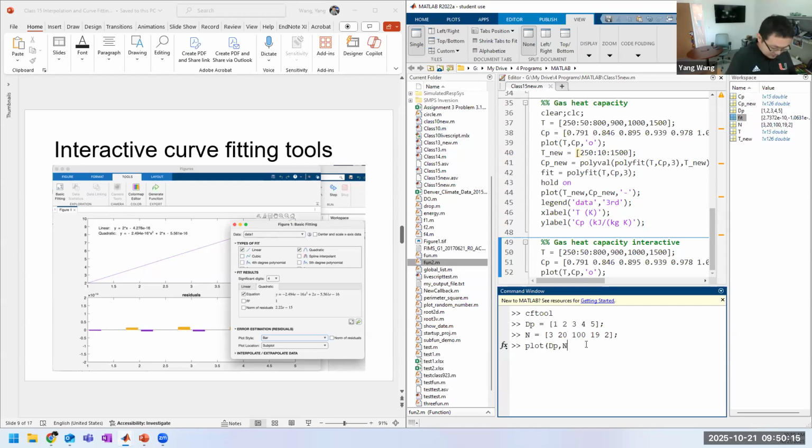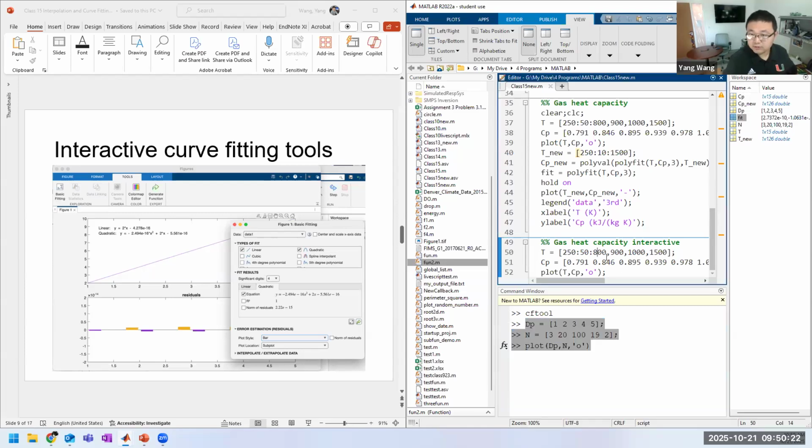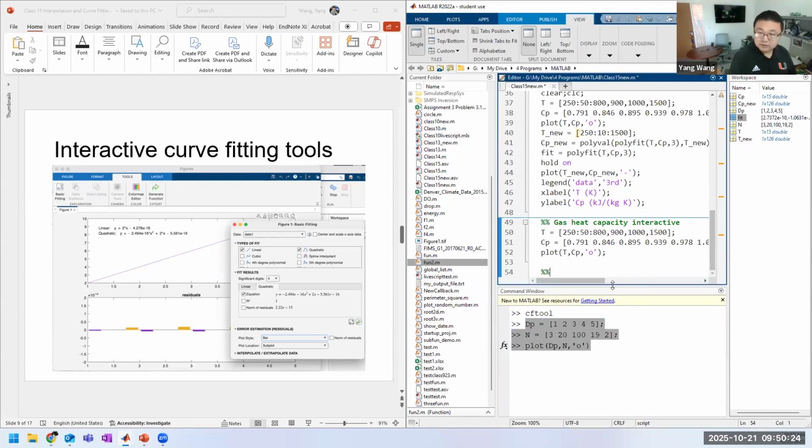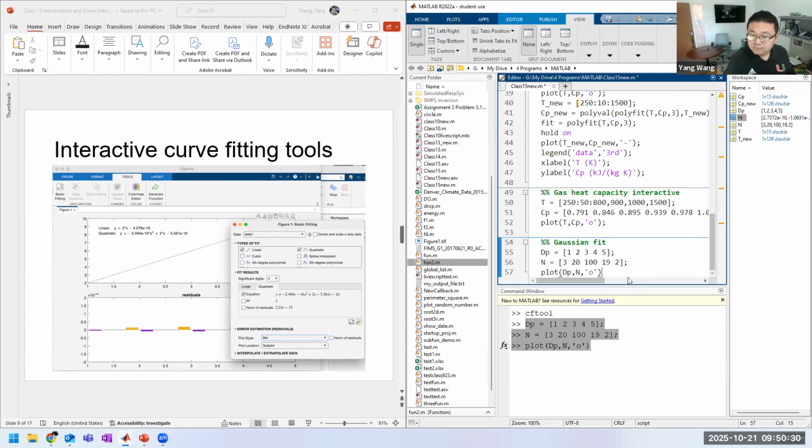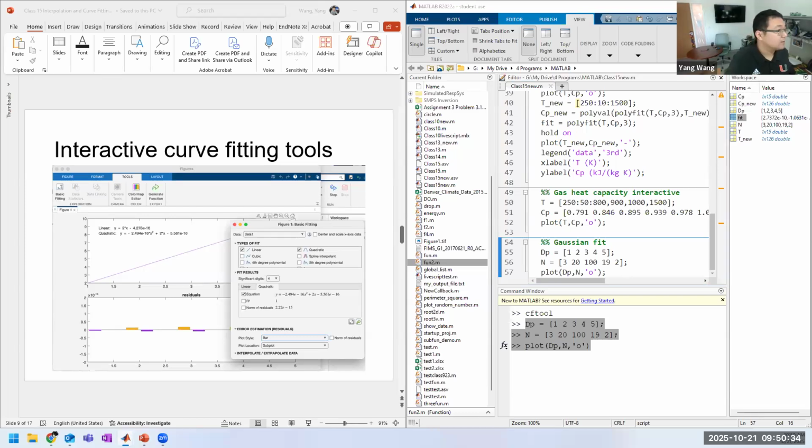Now if you plot dp and n, let's copy these to our code over here. So this is the Gaussian fit. This is how the plot looks.